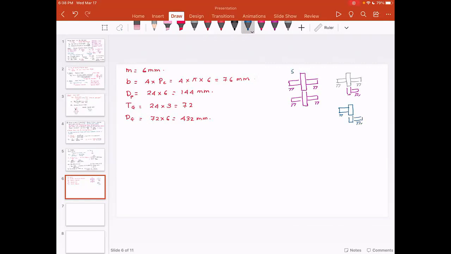So this is simply supported, simply supported, simply supported cantilever, and cantilever, cantilever.